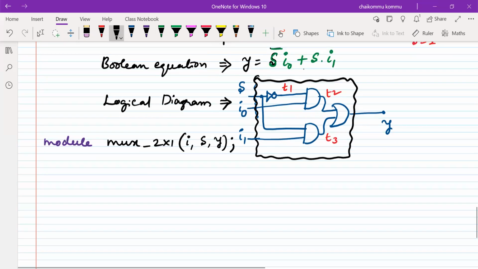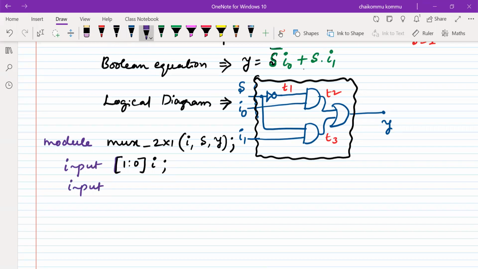So out of all these things, inputs are [1:0] I. So another input, why am I not writing another input just comma to the I? Sir, they are all single bit. Yeah, that is actually a 2-bit, S is a 1-bit size. So that's it. S is 1-bit size. See, what I'm trying to do, this is equivalent to saying, in the vector notation, something like this.